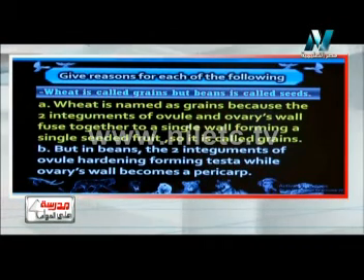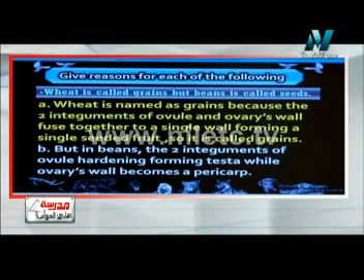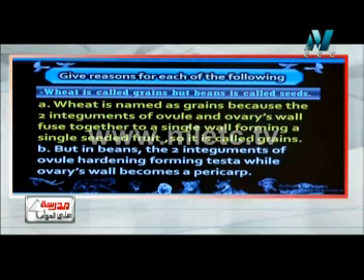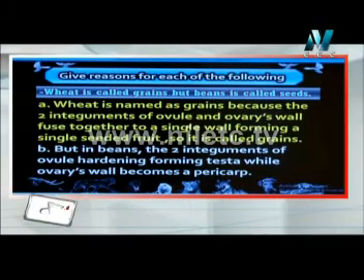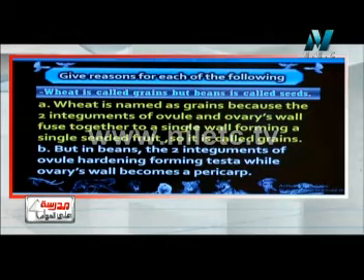So that's called the grain. But in the case of the bean, the two integuments of the ovule harden, forming a testa, while the ovary wall changes into pericarp. So that acts as a seed.